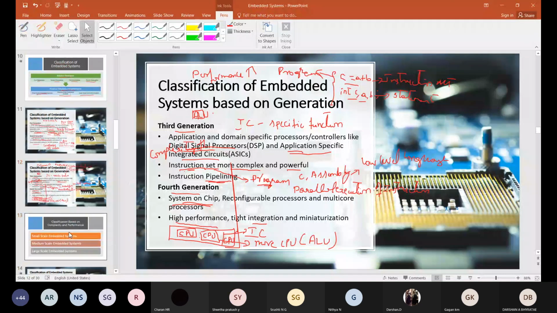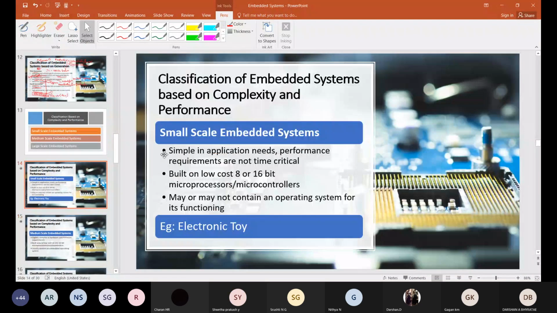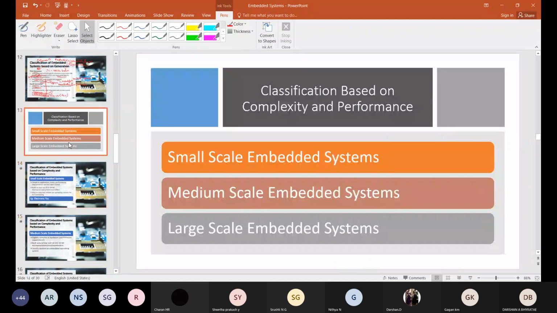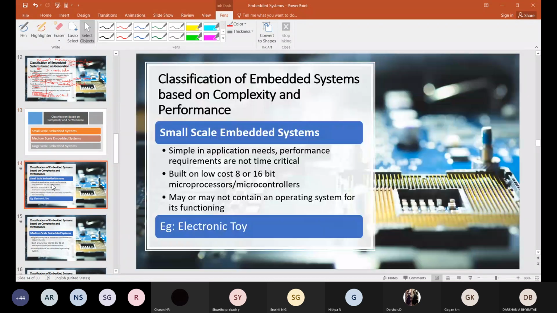Okay, the next is the classification of embedded systems based on small scale, medium scale and large scale. Again, small scale means very simple functionality.